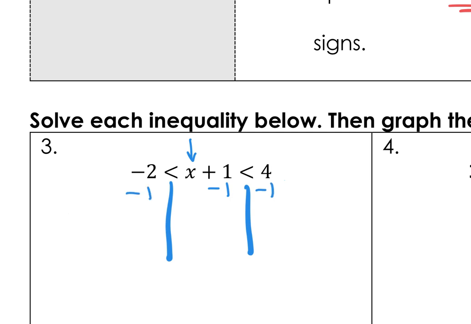And now I don't have to split it into two separate inequalities and solve it. I can just use this and make sure I subtract 1 on each of those endpoints. So now my x is in between. I can do this math. -2 minus 1 is -3, and 4 minus 1 is 3.